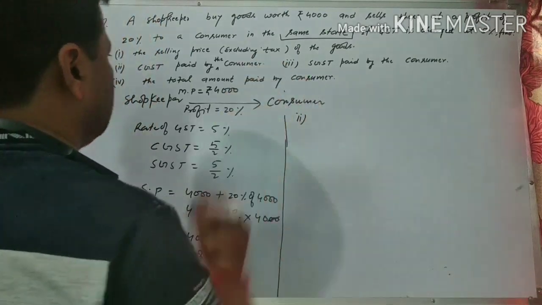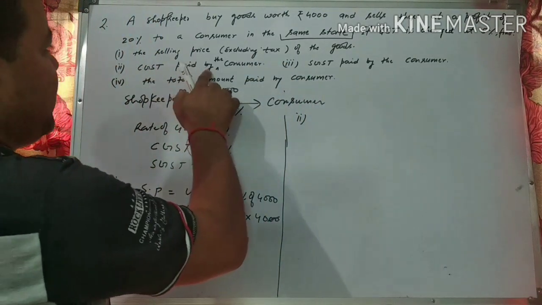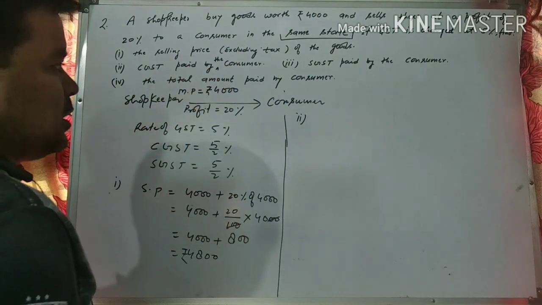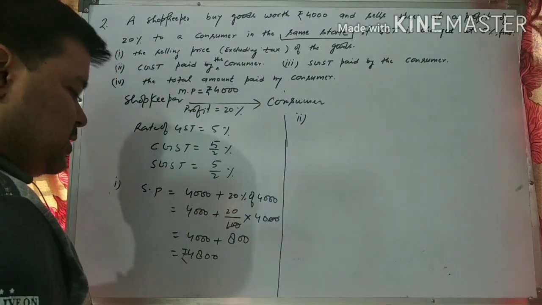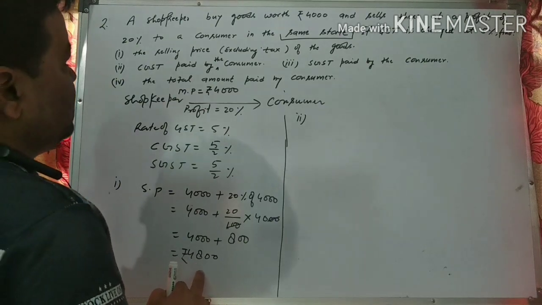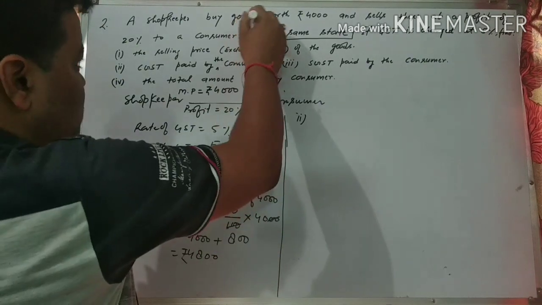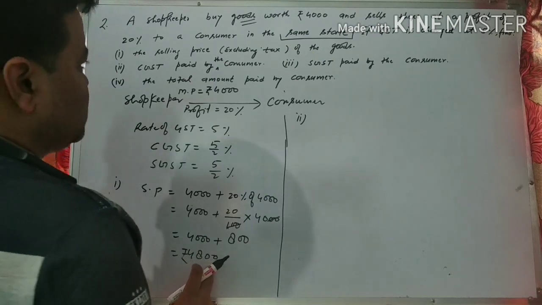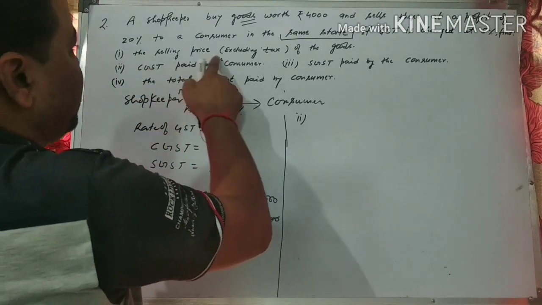Second part of the question. CGST paid by the consumer. CGST paid by the consumer means the total cost of the goods is 4,800 rupees, and CGST paid by the consumer.